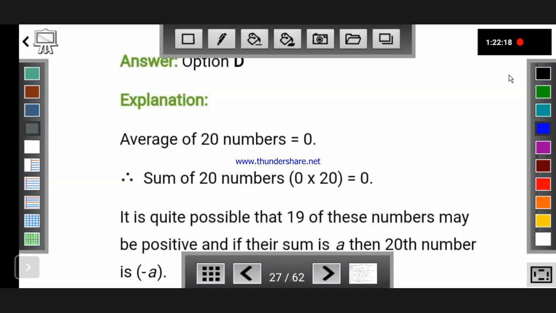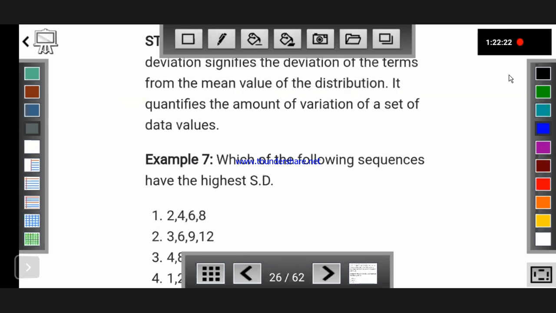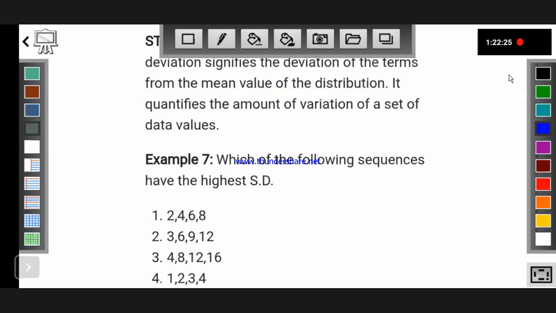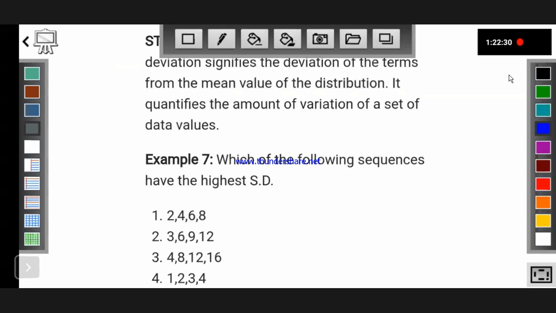Now let's enter the new topic: standard deviation. Standard deviation is nothing but the deviation between two values. Let the values be 2, 4, 6, 8.